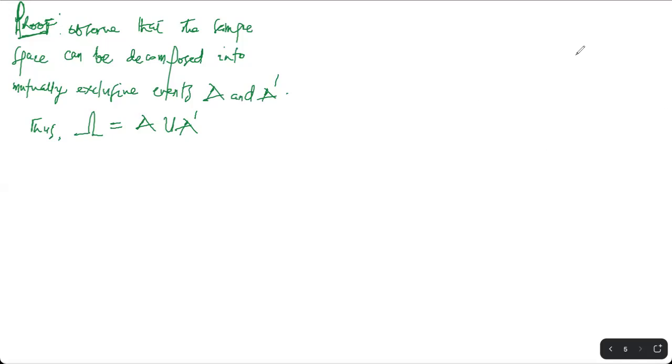So at this point, this implies that when we take the probabilities of both sides, right, the probability of the omega would be equal to the probability of A union A prime.